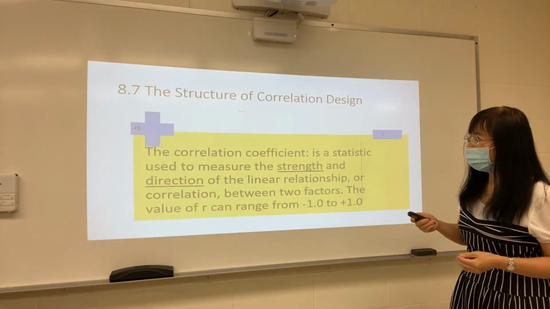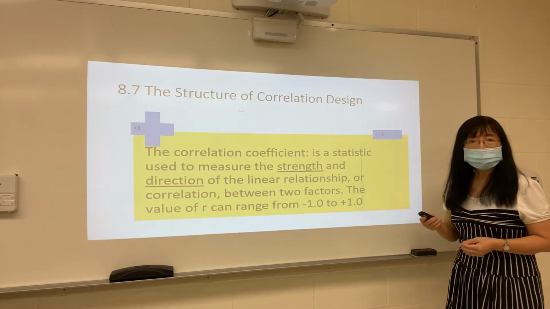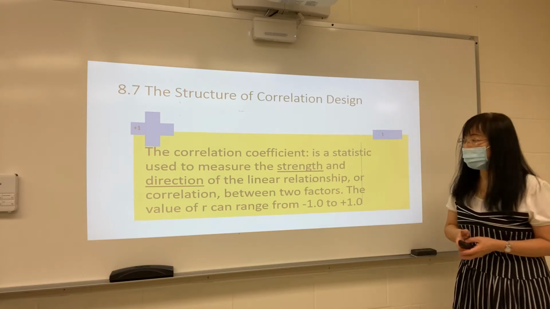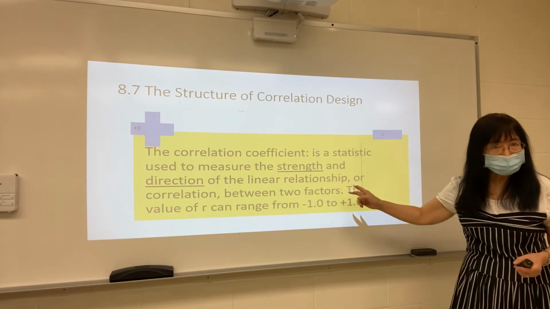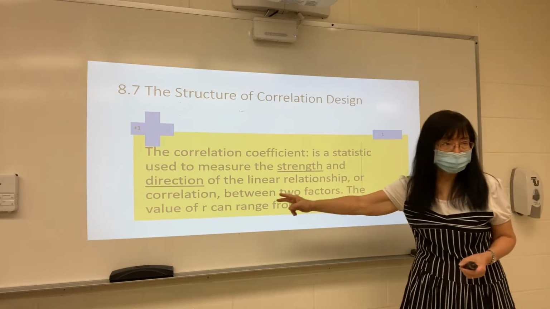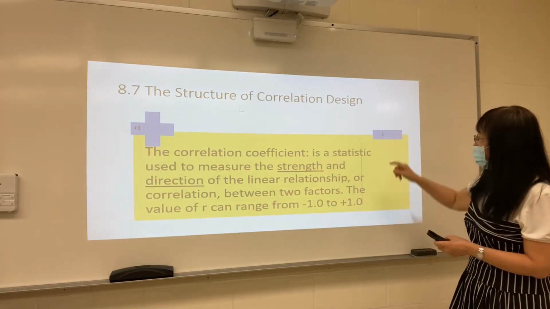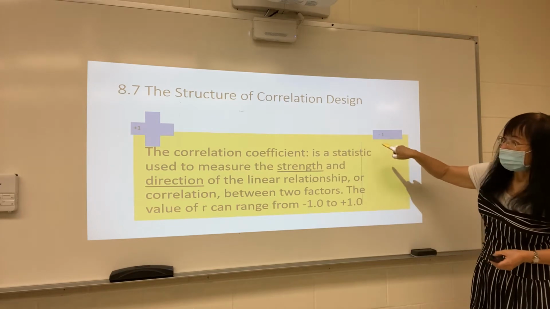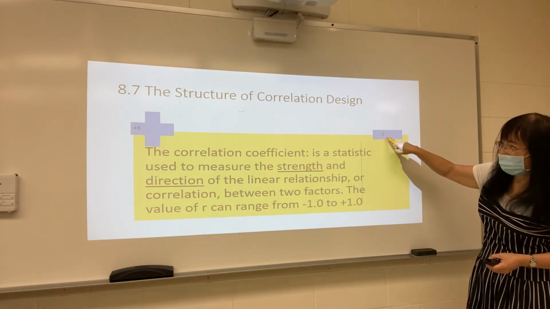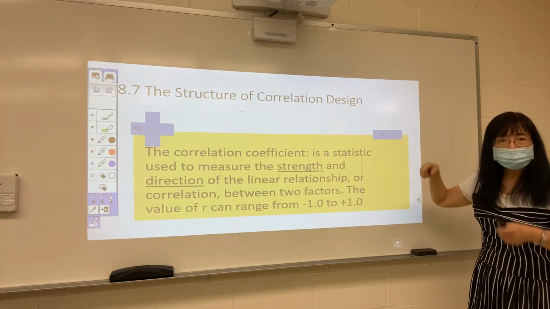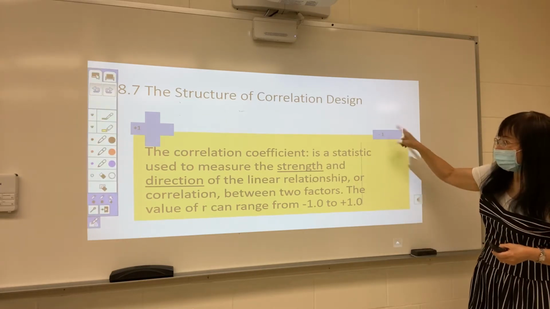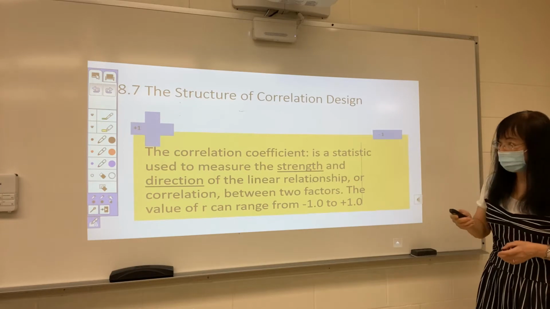When we calculate correlation, you get two pieces of information: one is strength, one is direction. The range is positive one to negative one. The negative sign means direction, and the number means strength.